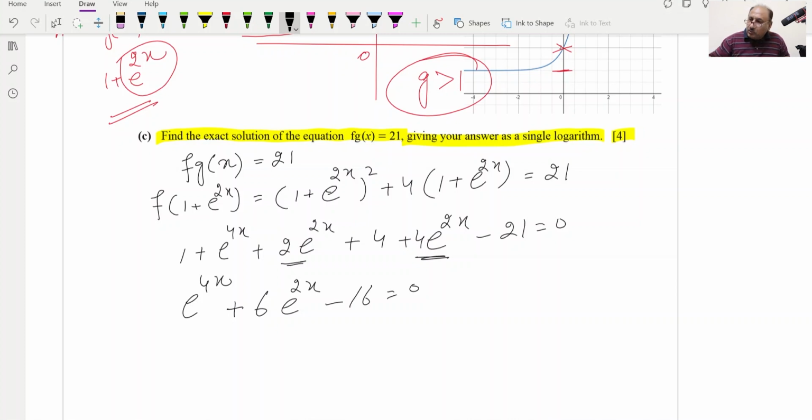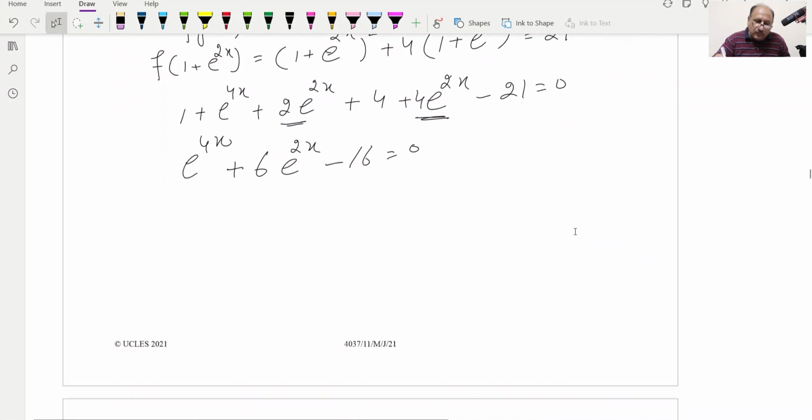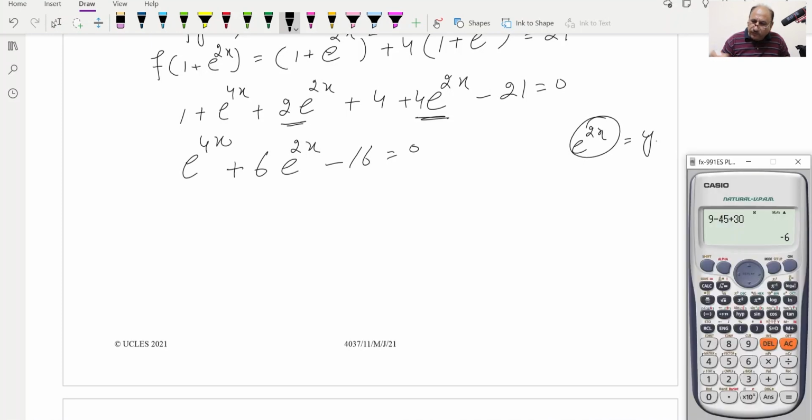So this is basically a quadratic equation in terms of e raised to the power 2x, and we can put it equal to y, or even if we are not replacing directly, we can check for the quadratic solution. The coefficient of e raised to the power 4x is 1, coefficient of e raised to the power 2x is 6, and the constant is minus 16, so this will give us 2 and minus 8.